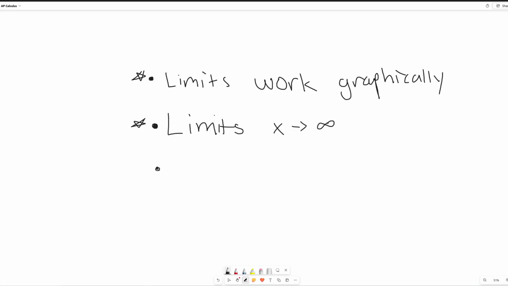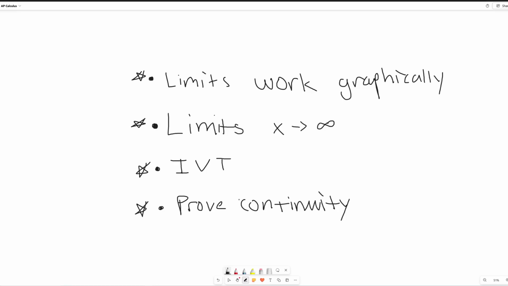And you need to know IVT, and finally prove continuity. These are the main things you need to know. Rewatch the video if you missed any one of these main points. The other stuff is important, but these 4 things will always show up in some capacity on the test.